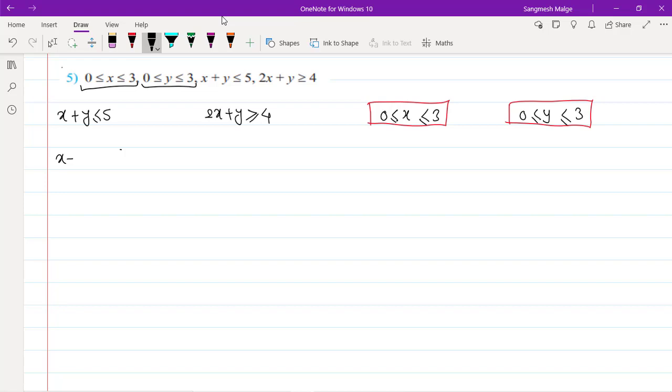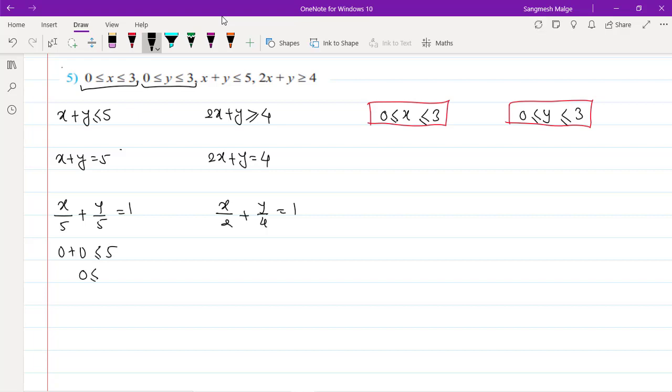Convert into these equations: x plus y equals 5, 2x plus y equals 4, x by 5 plus y by 5 equals 1, x by 2 plus y by 4 equals 1. Let's check for the origin. 0 plus 0 less than or equals to 5.